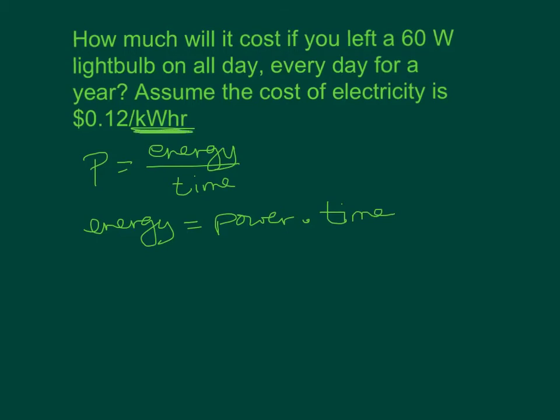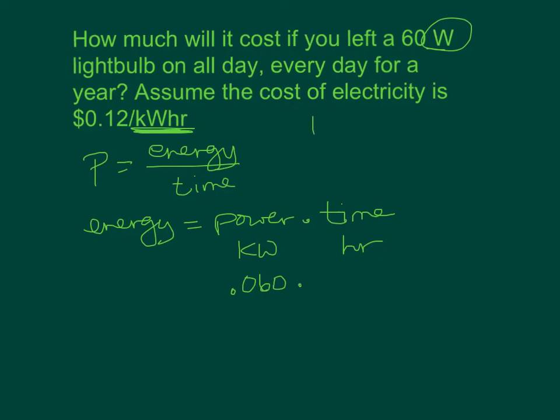Our energy is in kilowatt hours. Okay, kilowatt hours. So we need to take our power. We know our power is in 60 watts. We need this to be in kilowatts, and we need our time to be in hours to find out how much energy we're using. So 60 watts is 0.060 kilowatts.